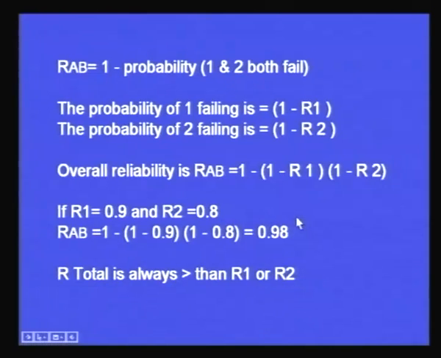Let's summarize what we have covered in system reliability. In case number 1, we have seen a series reliability in which there were 3 components 1, 2 and 3 having reliability R1, R2 and R3. We have calculated the overall reliability of this series system, and we have seen that the overall reliability was less than the individual reliabilities of the components 1, 2 and 3.